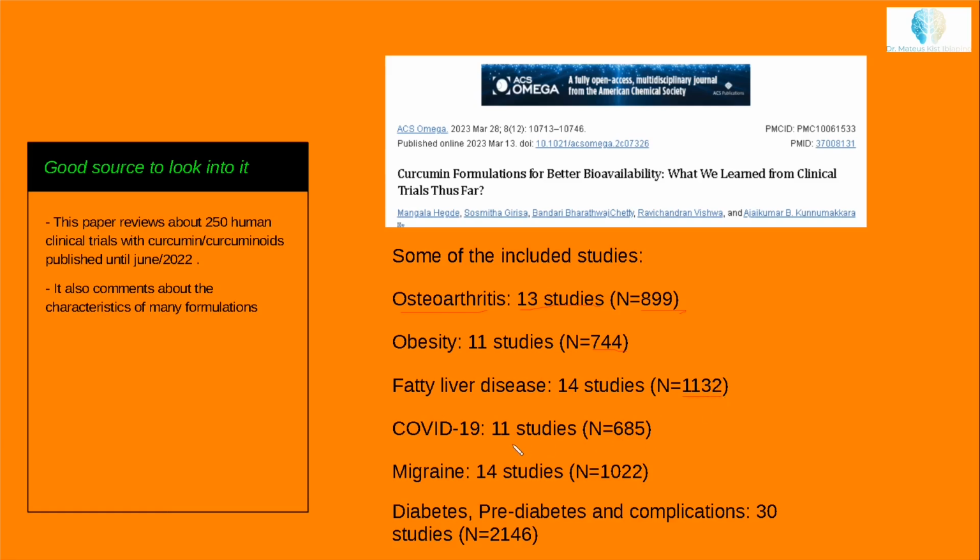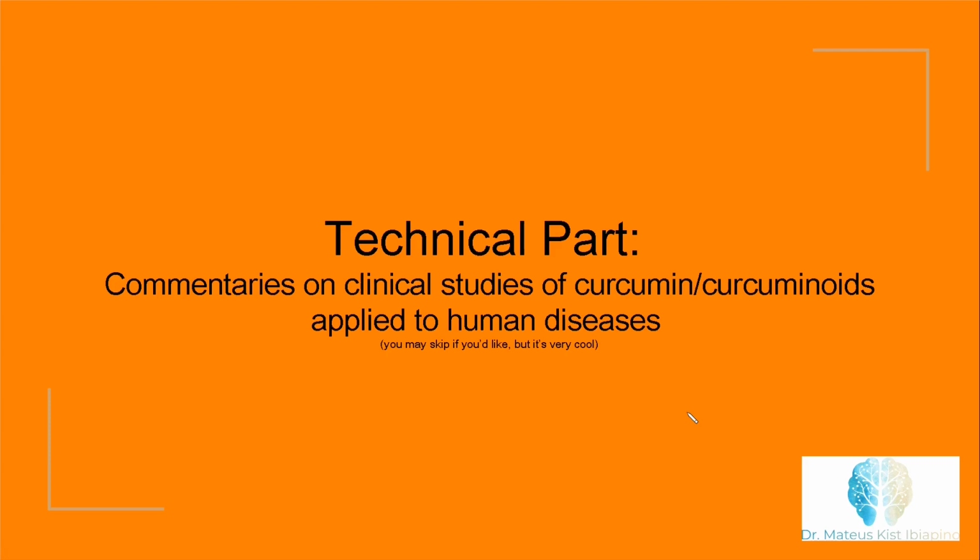For COVID-19, 11 studies with 685 patients. For migraine, 14 studies with 1,022 patients. And for diabetes, prediabetes, and complications of these conditions, 30 studies with 2,146 patients.